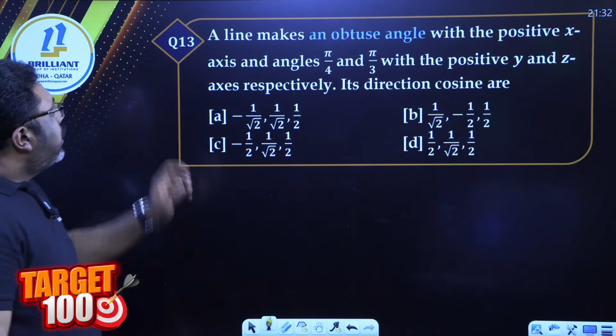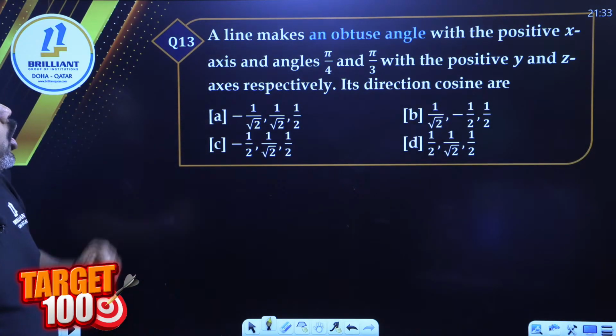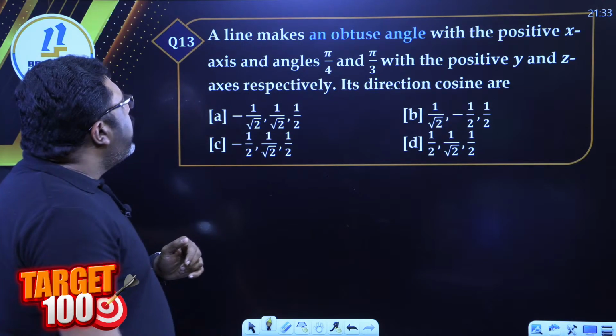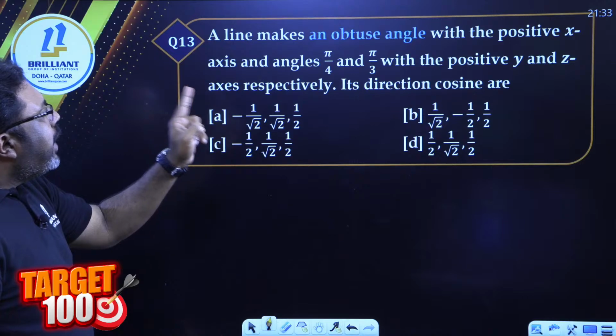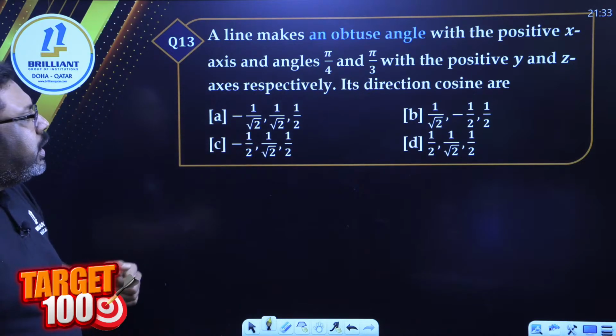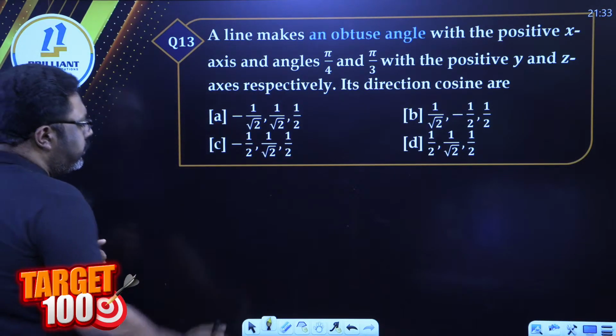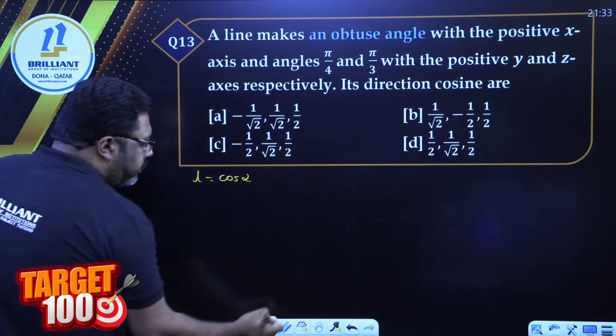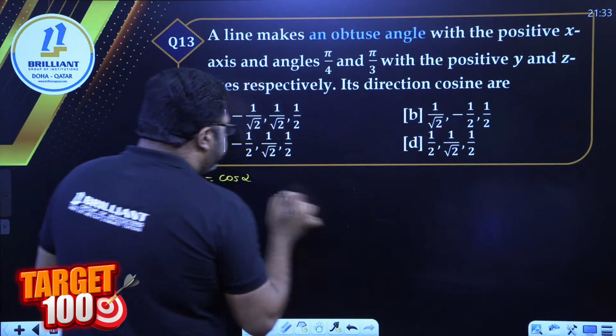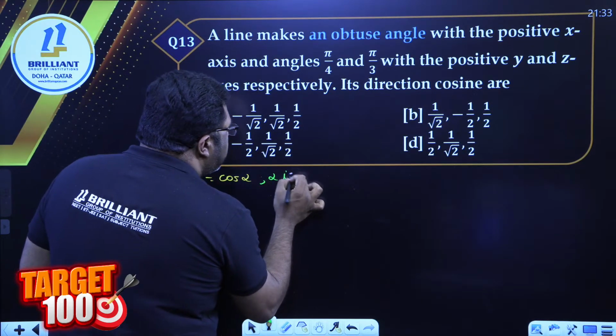Question 13. A line makes an obtuse angle with the positive x-axis and angles pi by 4 and pi by 3 with the y and z axis. So l is equal to cos alpha. Alpha is obtuse.